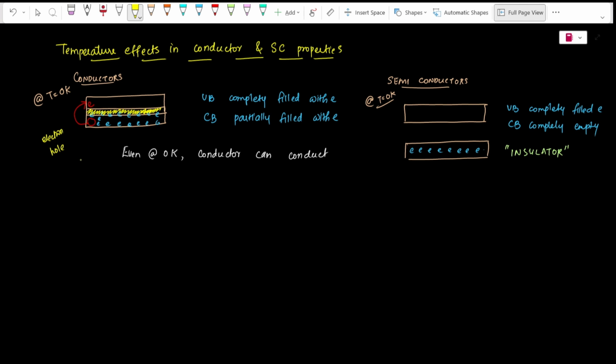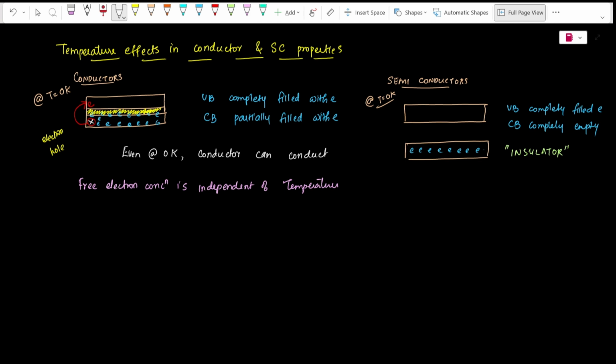So I can say that in the case of a conductor, this is a very important point: the free electron concentration is independent of temperature. Even if one electron comes up, that is not going to change anything.